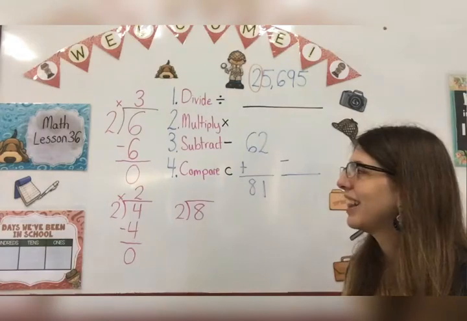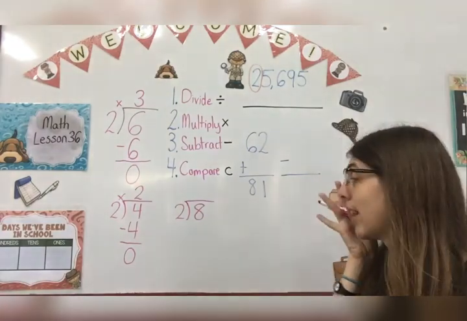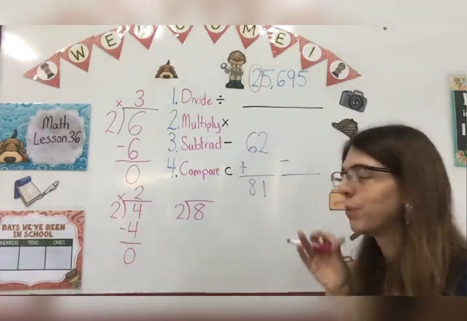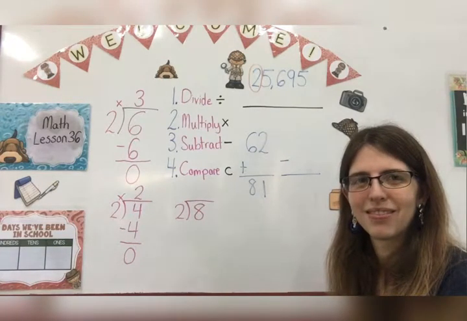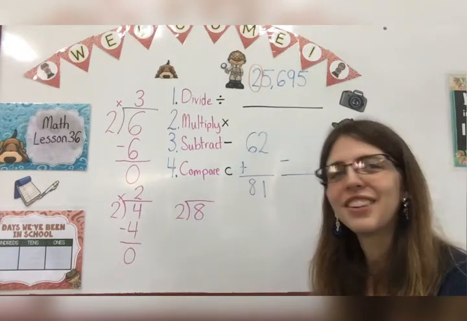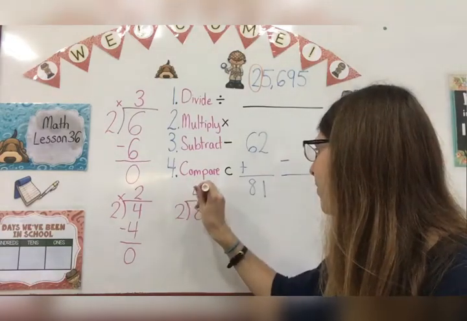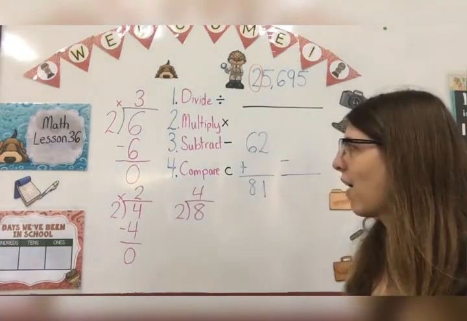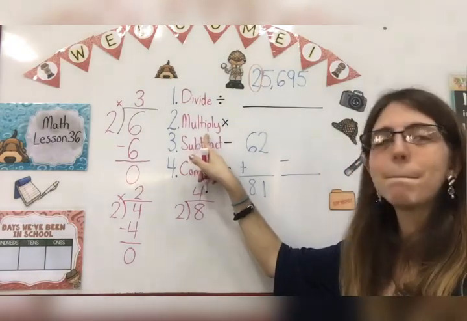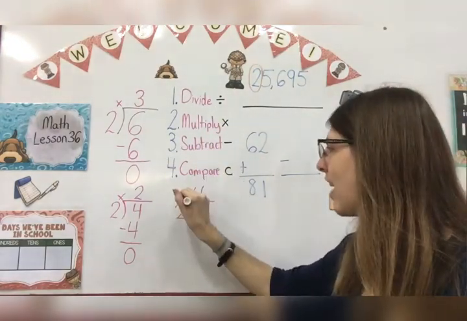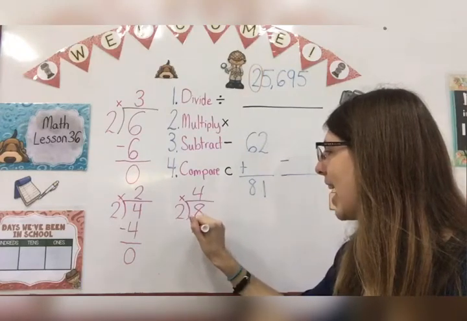All right, let's do letter B. 8 divided by 2. What is 8 divided by 2? 4, very good. So now I've done step 1, I divided. Step 2 is multiply. 4 times 2 is 8.